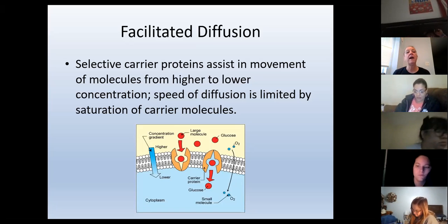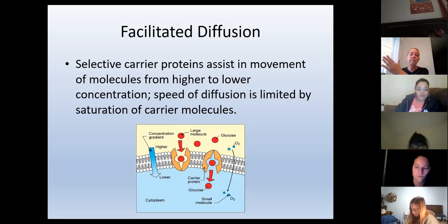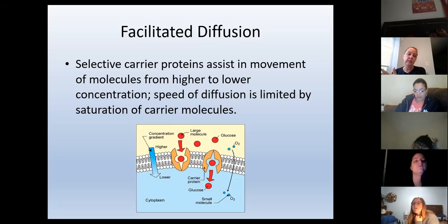And I have had a few too many beers and I need a bit of help. So he puts me on his back and gives me a piggyback ride and gets me out. We're still moving with the gradient from high to low, but now he is acting like a protein that is helping me move with that gradient.